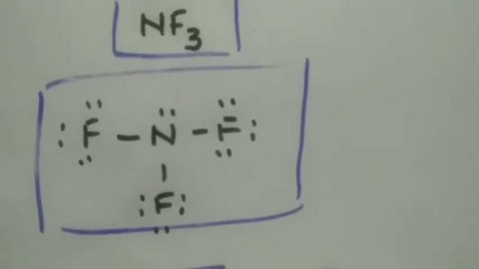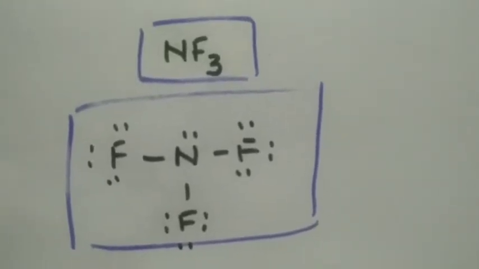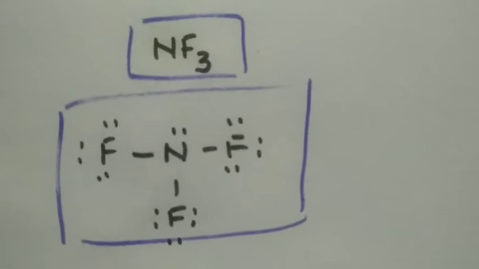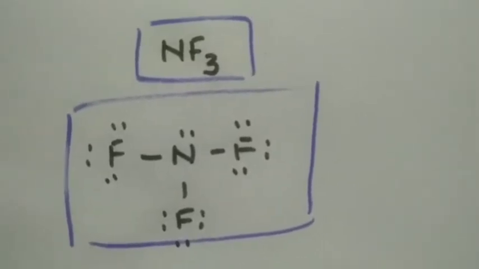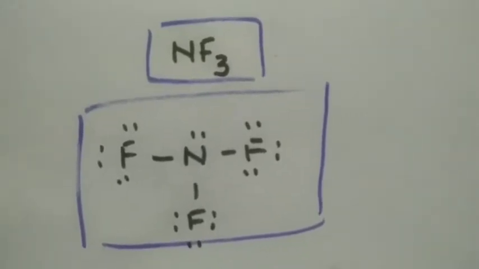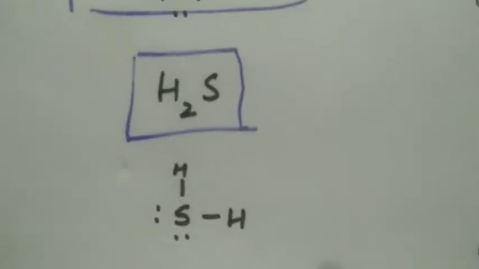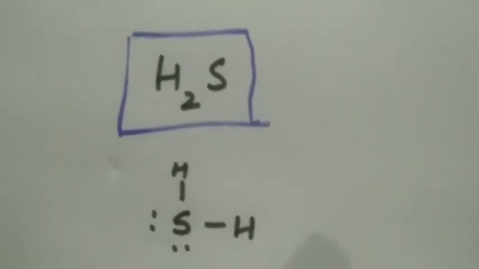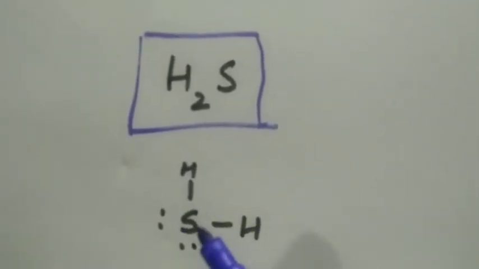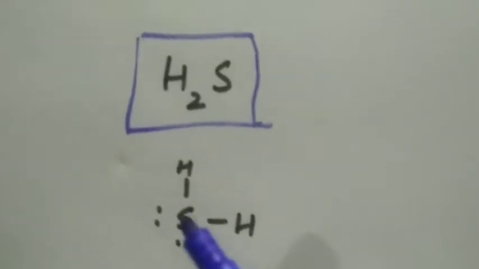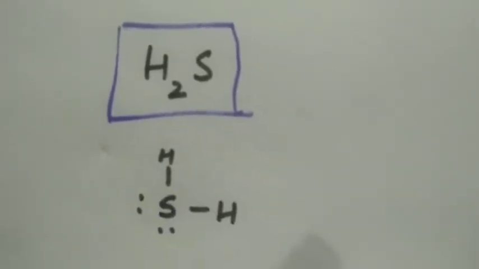For NF3, this is the proposed structure. You place N in the center, F on the 3 sides, single bond between each atom, and complete the octet by placing the electrons. Similarly, for H2S, 2 hydrogens on the terminal position, sulfur in the center, and remaining electrons as lone pair.